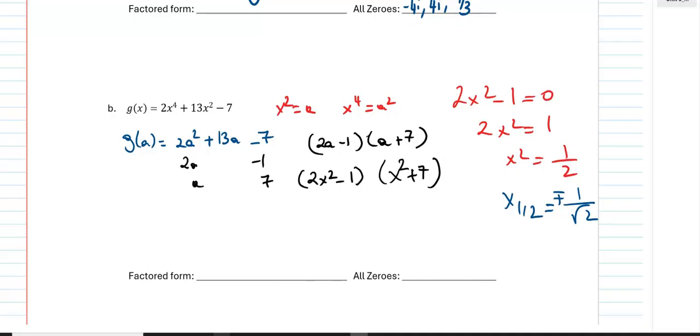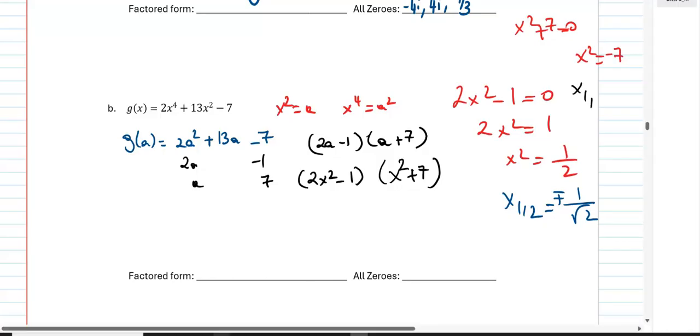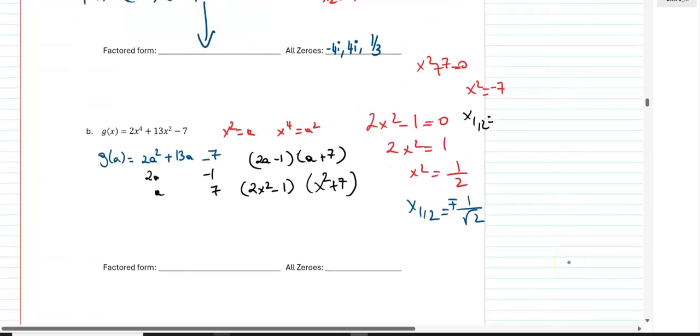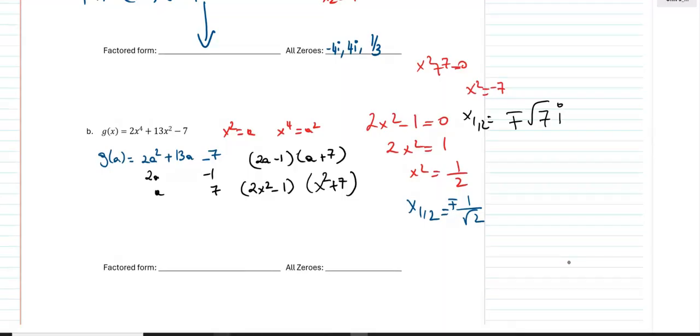Here we're going to have x squared plus 7 equals 0, so x squared equals -7, and we're going to have x1,2 here plus or minus square root of 7i. Right, so the zeros will be 1 over square root of 2, negative 1 over square root of 2, negative square root of 7i, positive square root of 7i.